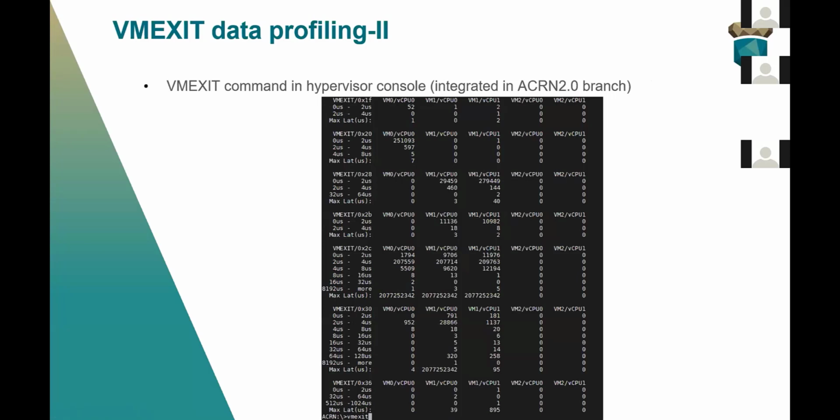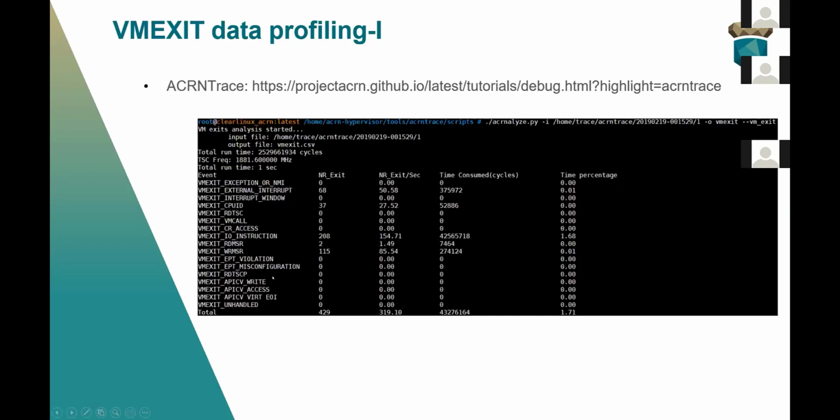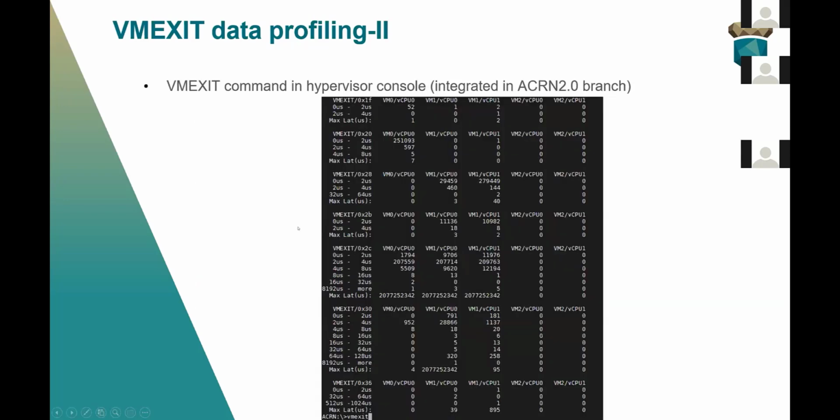While the RTVM benchmark is running, you can still use it. But for ACRN trace, it is better to output the data after the benchmark run and analyze it. With this command, it can catch your data during the benchmark running, so it is in time.